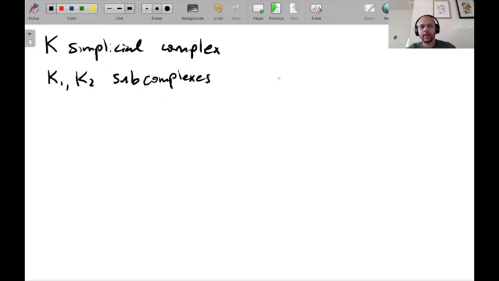Remember, for a simplicial complex, we have some vertex set, and K is a subset of the power set of this vertex set. And K is supposed to satisfy certain properties. Being a subcomplex means K1 is a subset of K, and K1 also satisfies the properties of a simplicial complex. So this is what it means to be a subcomplex.